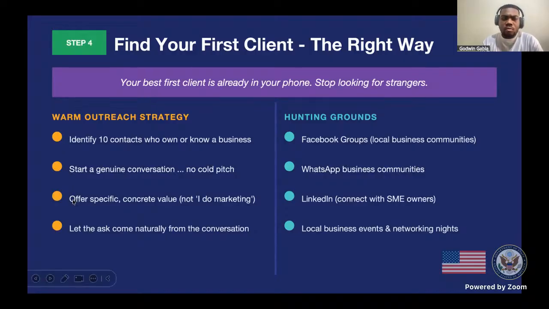Now, you need to make sure that your offer is specific, right, and concrete. Like I said, specific and concrete. You don't want to say I do marketing. I did not say that in my earlier comments. I said you find out the problem they're having and then pitch the solution from what you can do to them, right? So you say that directly, you spell it out, and then you get into it.